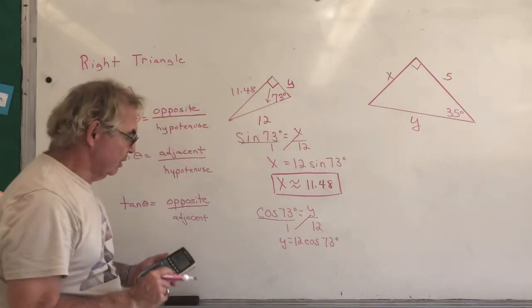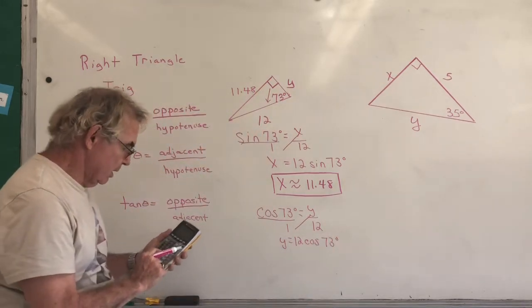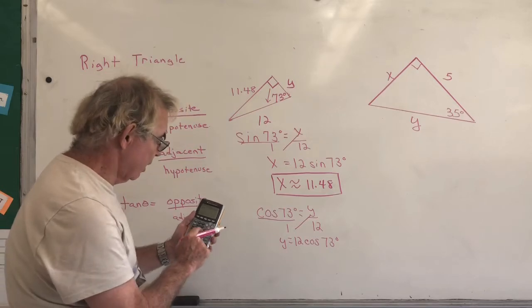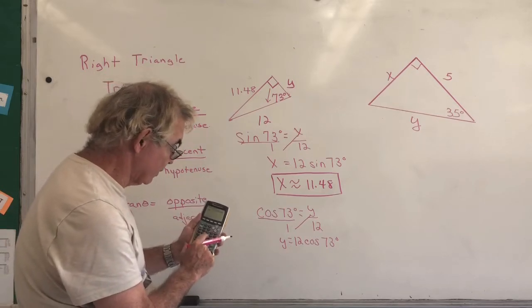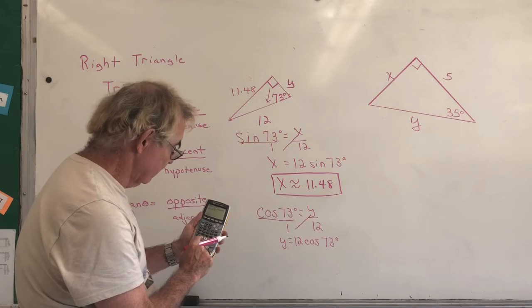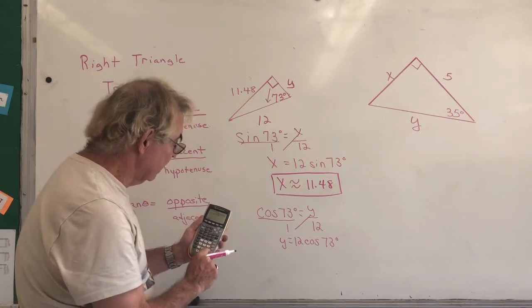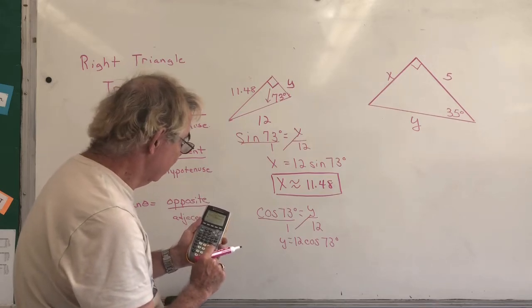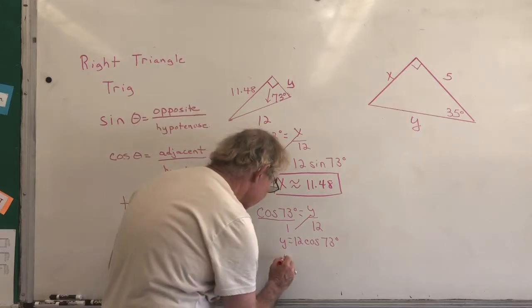Typing that into your calculator, you would have 12, the cosine, which is to the right of the sine key that you just used, of 73, and you'd get approximately 3.51.